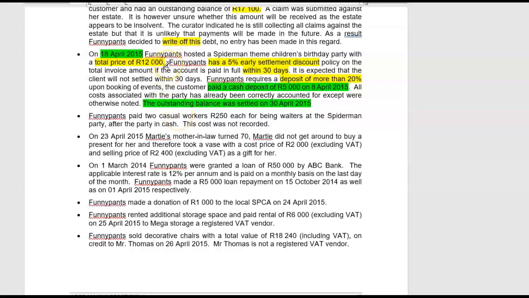So that means then that 11,400 is going to be paid as part of the final settlement of the party. Of the 11,400 rand, they have already paid 5,000 rand. So the only amount that is now outstanding to be settled is an amount of 6,400 rand.